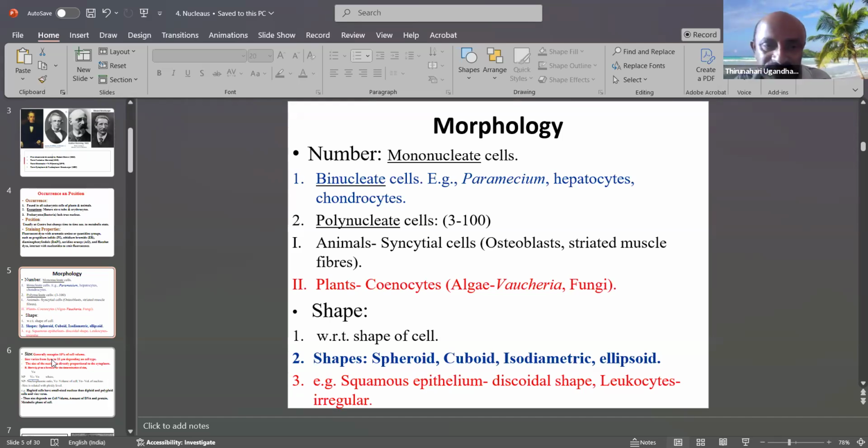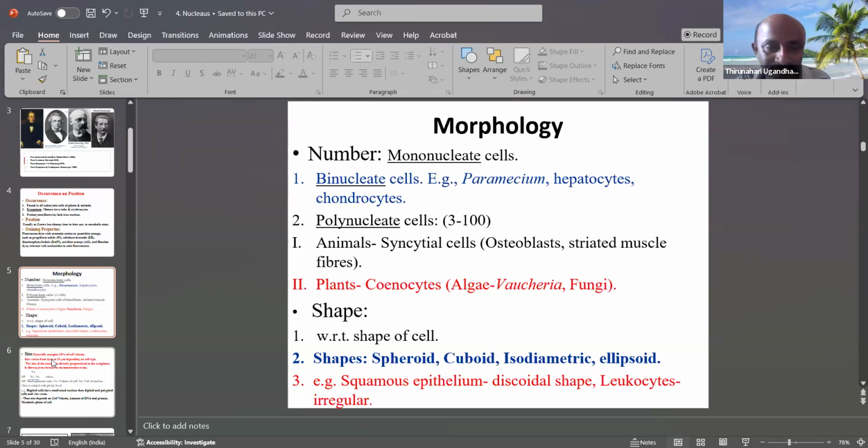That is also differentiation. Then trinucleated cells, with three nuclei: the primary endosperm nucleus, in which the two polar nuclei of the central part fuse with one male nucleus to form the trinucleated primary endosperm nucleus. That is also one type.